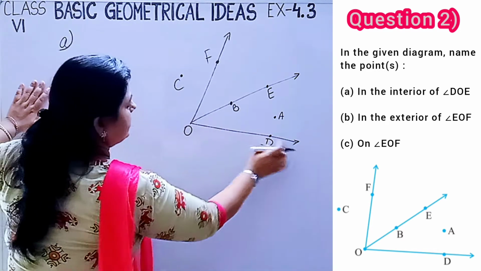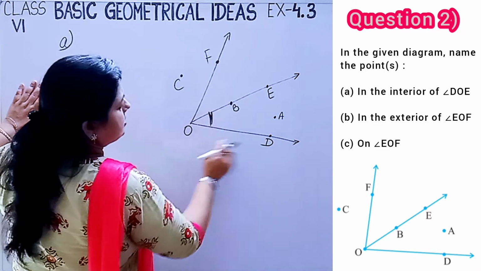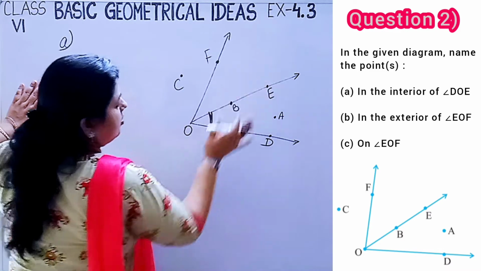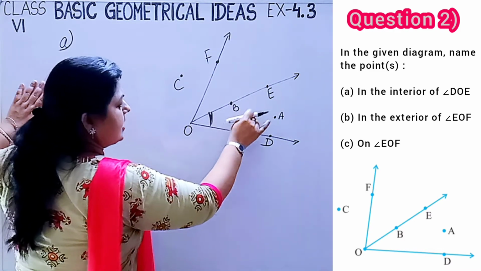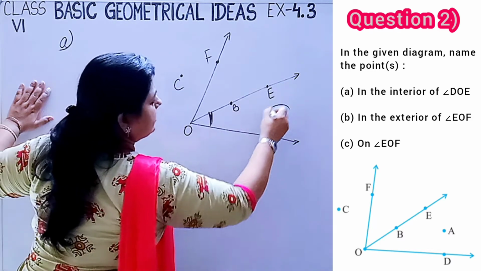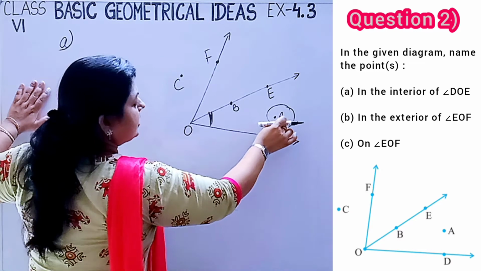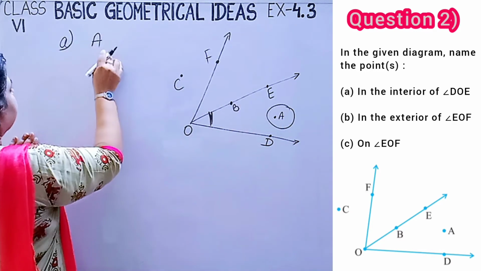So here DOE, this is our angle. So DOE, which point is interior? Interior means inside. Inside of angle DOE, only this point is lying in the interior. So answer is point A.